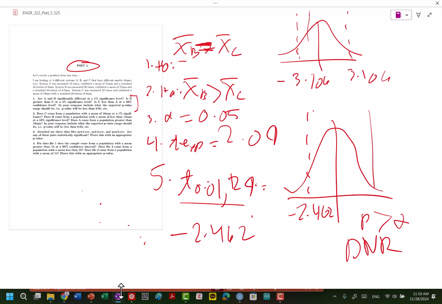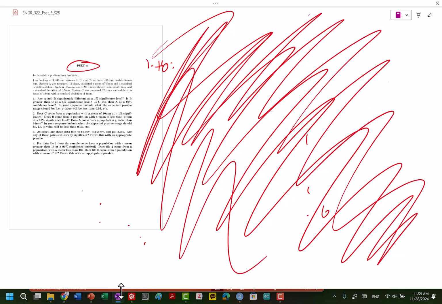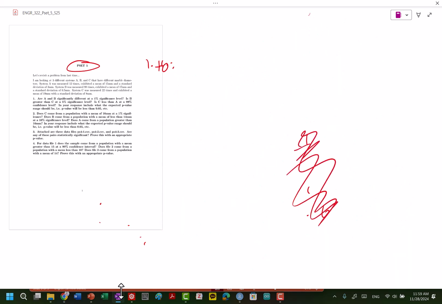Excellent. There we go. Does C come from a population with a mean of blah?